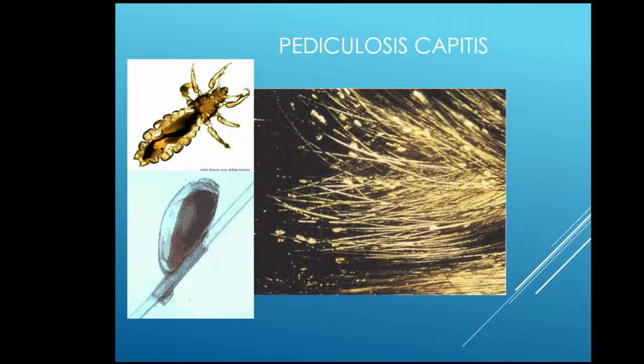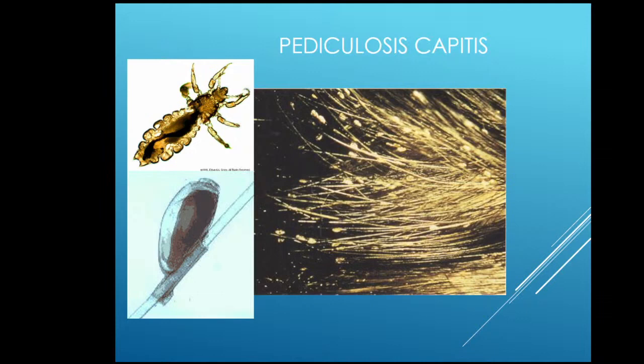So, Pediculus humanus capitis. This is a small insect. The size of this insect is near 4.3 to 4.5 millimeters. It is wingless. It has simple eyes and a mouth apparatus of sucking type.